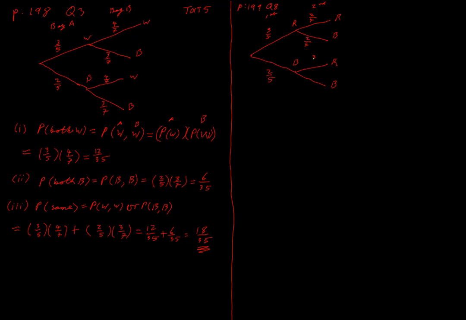There are 3 reds left out of a total of 4 cubes left in the bag. And then if we got a blue here and then get a blue again, well, we had 2 blues to start with. We've lost one of them, so we have 1 blue left out of a total of 4 cubes, I should say.